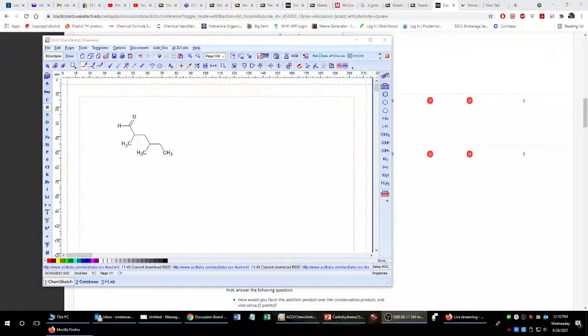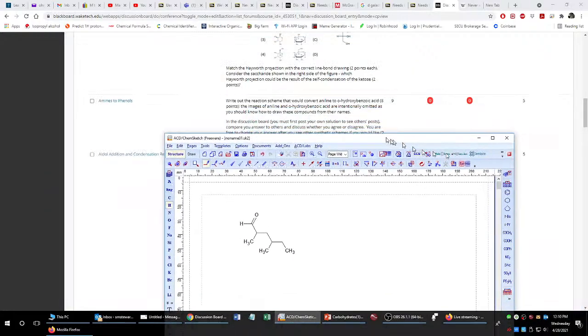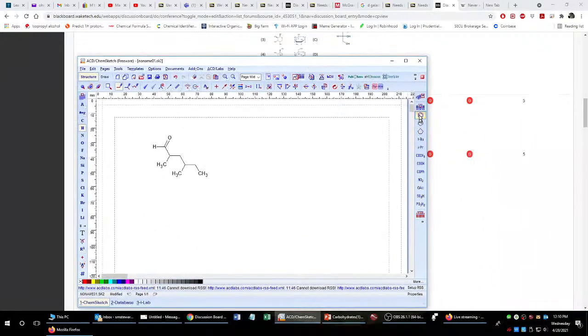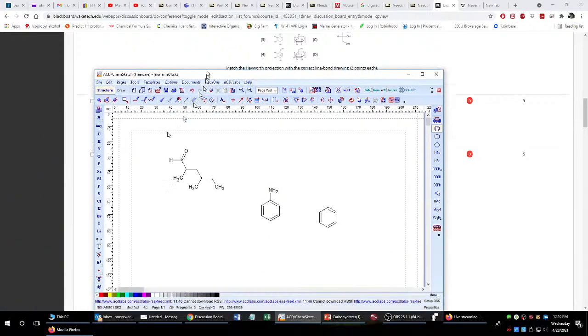So we're at the reaction screen where we convert aniline to orthohydroxybenzoic acid. Okay, so this is actually a named reaction that you're going to go through. So we've got aniline and we want to convert to orthohydroxycarboxylic acid, benzoic acid.